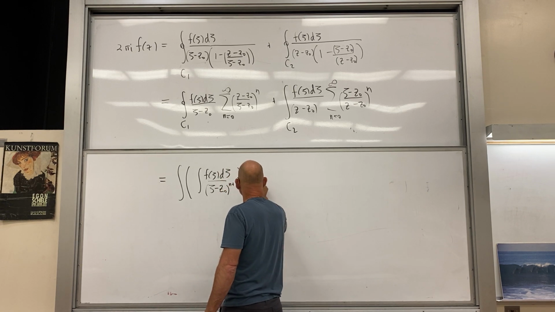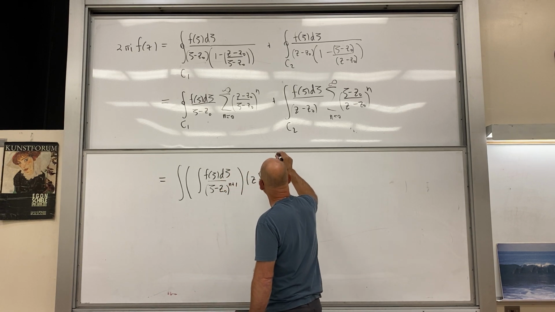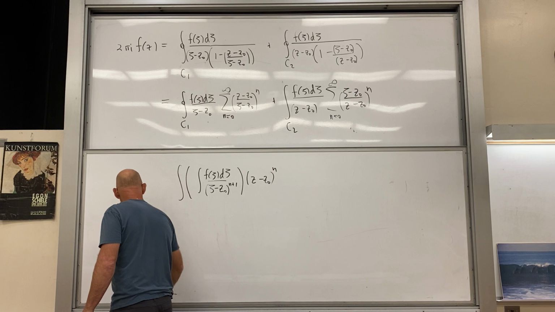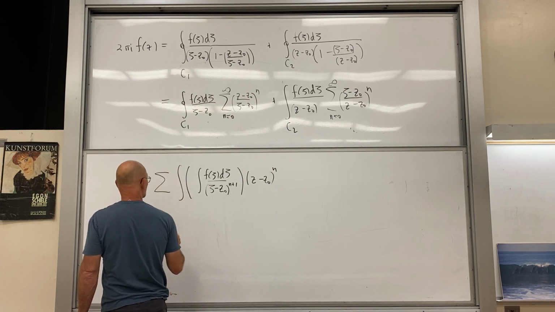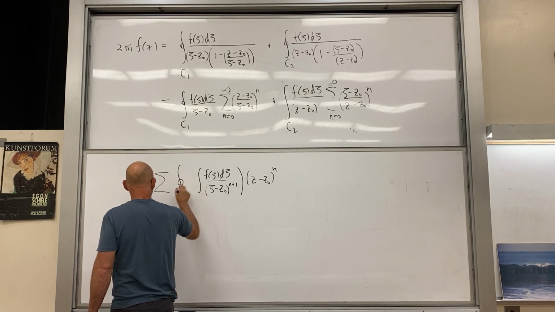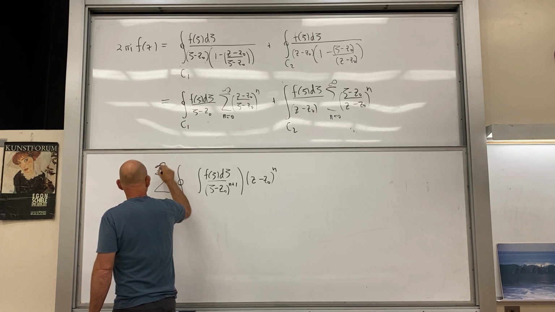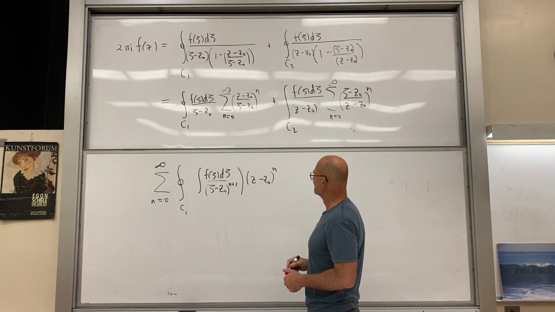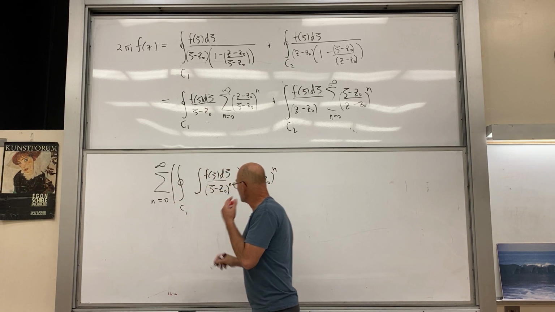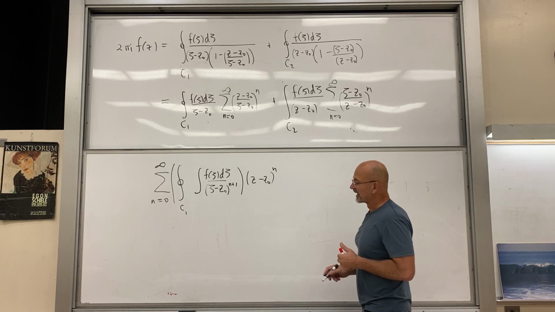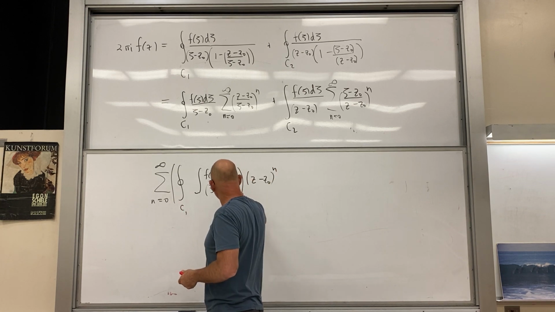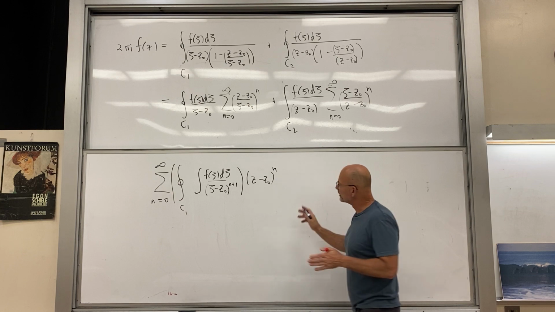And what's left is z minus z0 to the n. And actually I'll put the summation out here. That looks better, right? Integral. Yeah, so that again is just the Taylor series. Those are the coefficients, c sub n, and they mean what they did before, the nth derivatives.